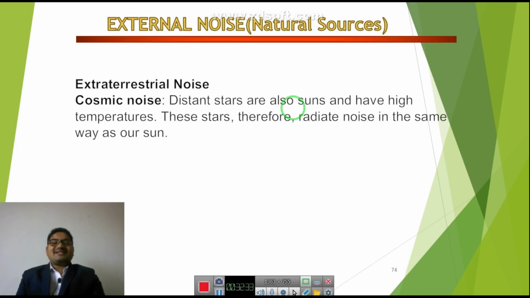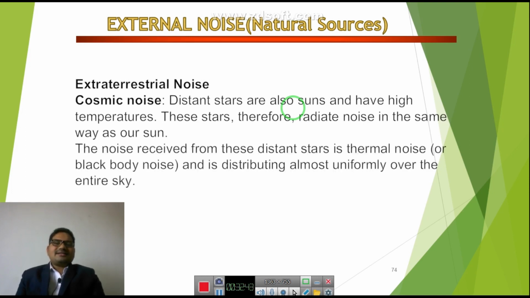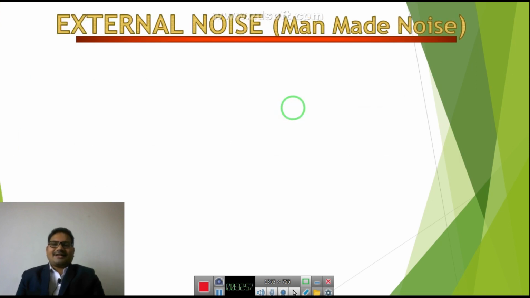These distant stars are also like our sun and have high temperature, so they also radiate noise the way our sun does. The noise received from these distant stars is called thermal noise, or black body noise, which is almost uniform over the entire sky.